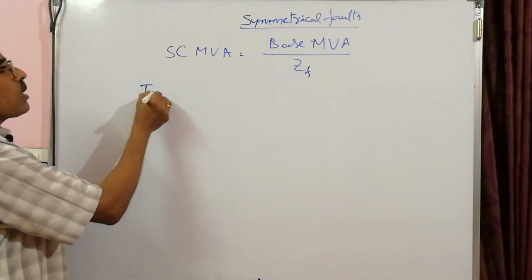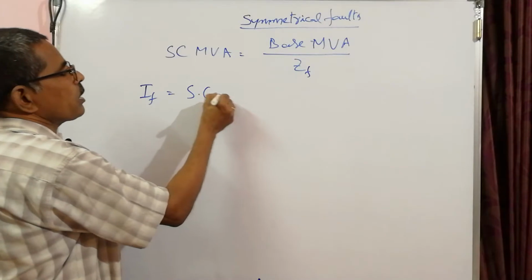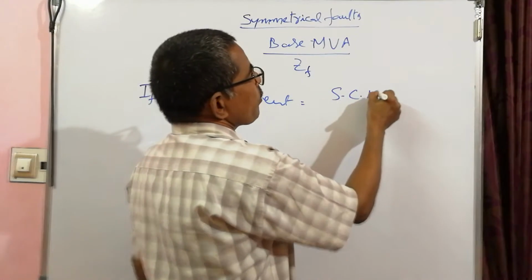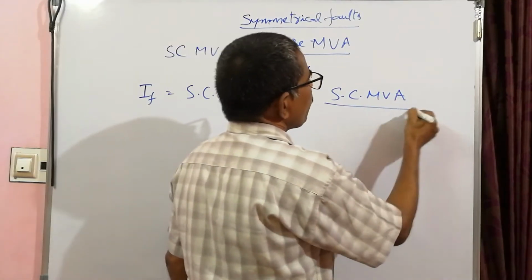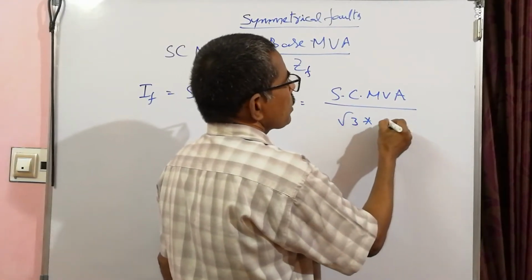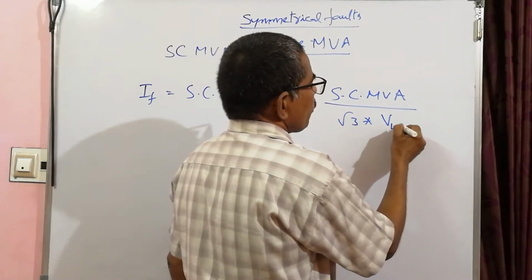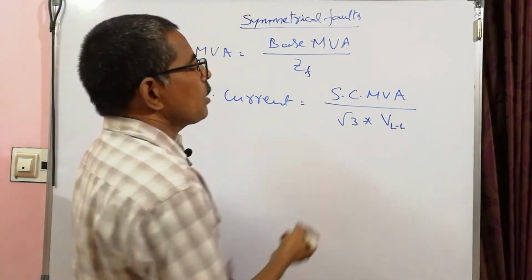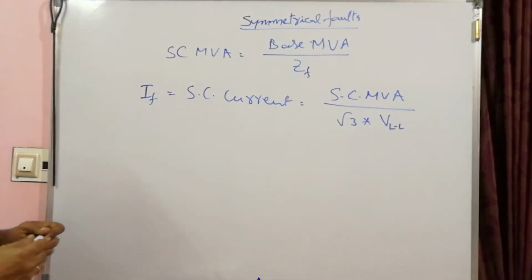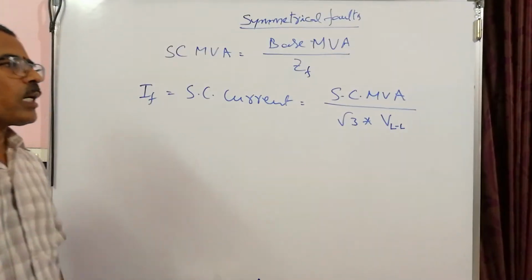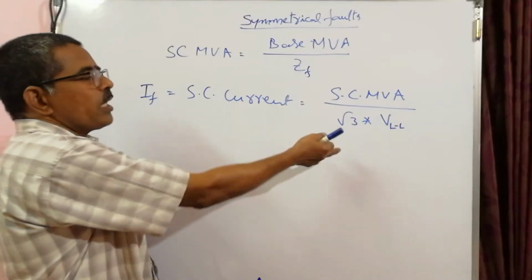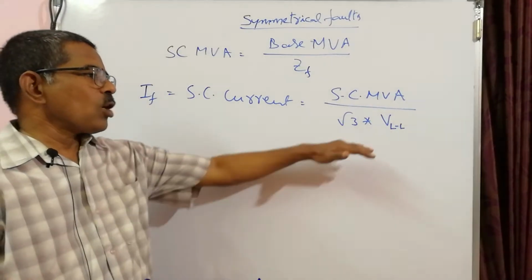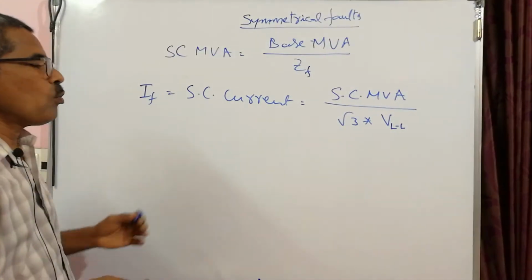Then the fault current, or short circuit current, is short circuit MVA divided by root 3 times VL, where VL is the nominal line to line voltage in kilovolts.